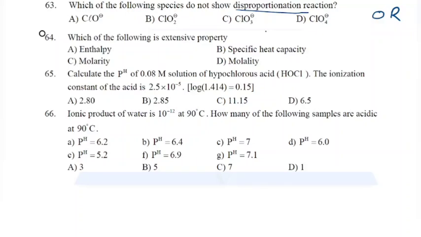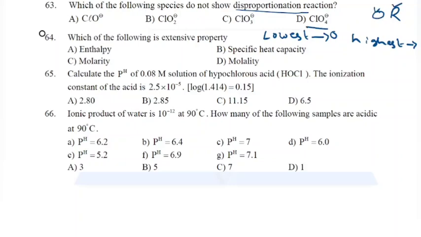The element in its lowest oxidation state can only undergo oxidation. The element in its highest oxidation state can only undergo reduction. If it is in an intermediate oxidation state, it can undergo both oxidation and reduction.